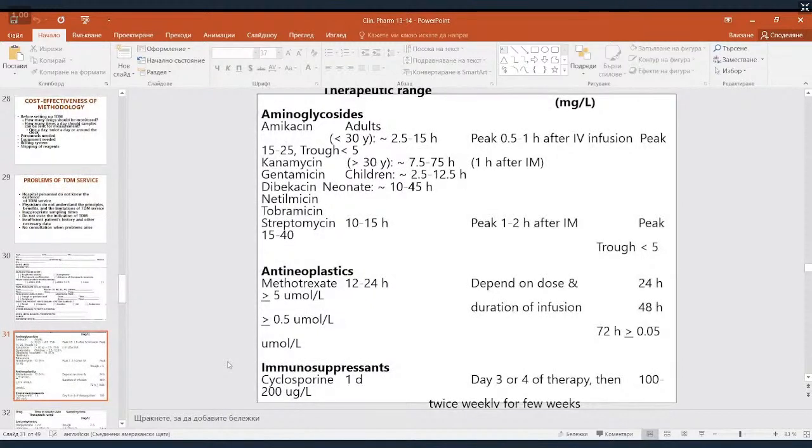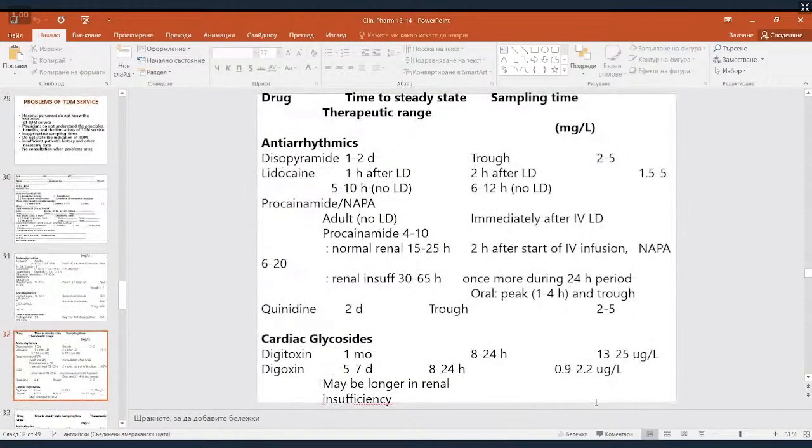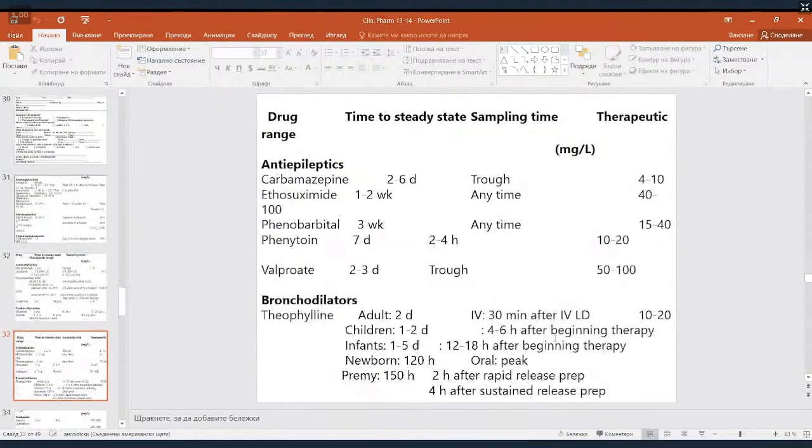These are some examples of the therapeutic range of drugs like aminoglycosides, antineoplastics, immunosuppressive drugs like cyclosporin, the dose and when we need to measure the concentration, etc. Here again, some other drugs like lidocaine, digoxin, theophylline also, and you know that theophylline actually has very different pharmacokinetics depending on the patient's age and whether the patient is a smoker.